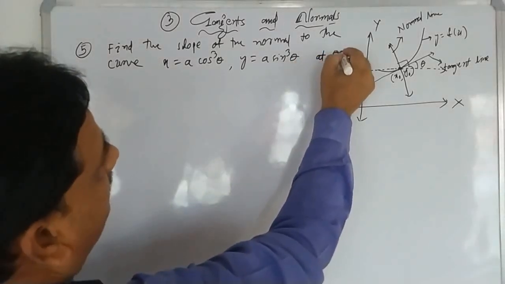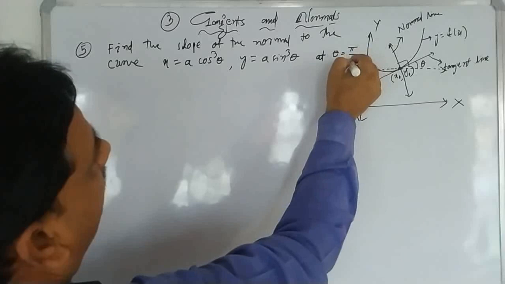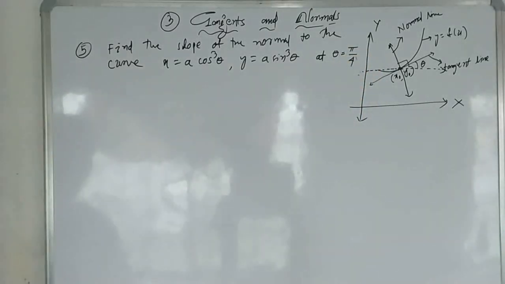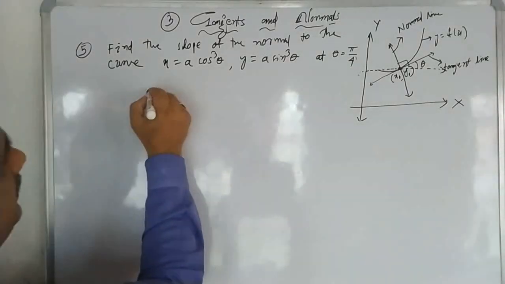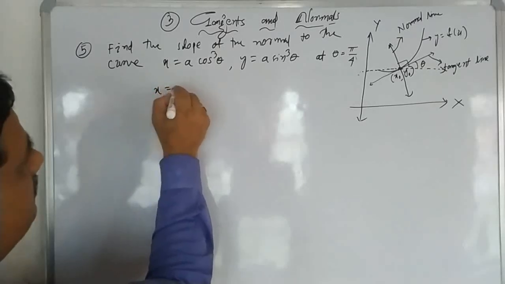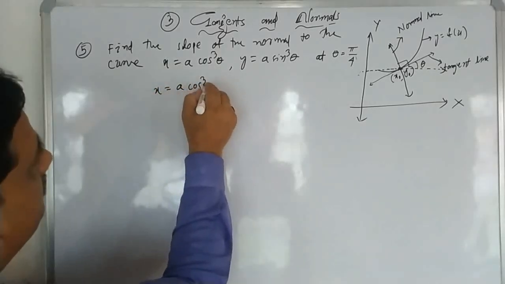This is in parametric form. So here x is equal to a cos cube theta.